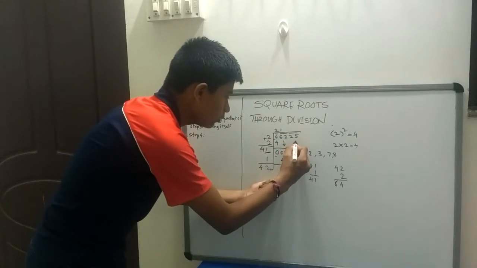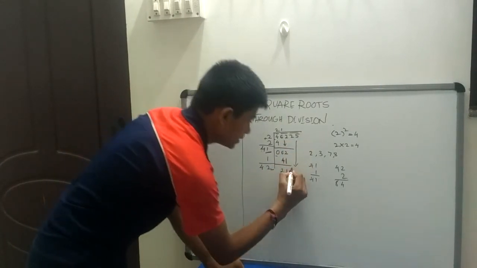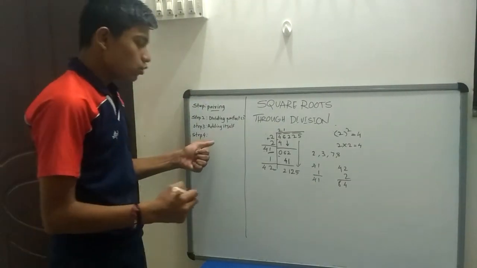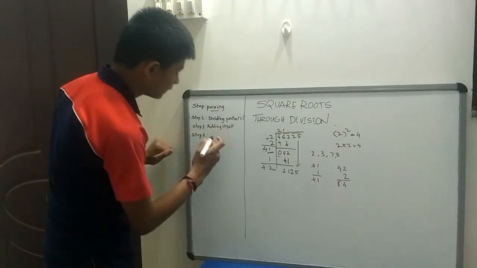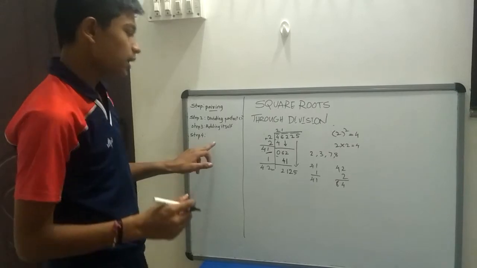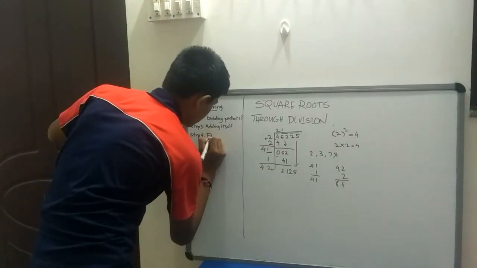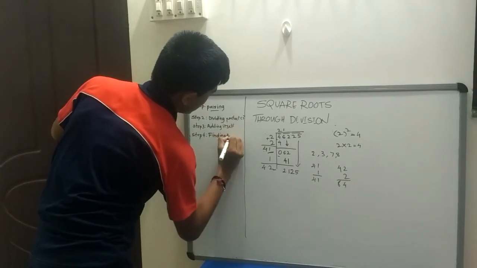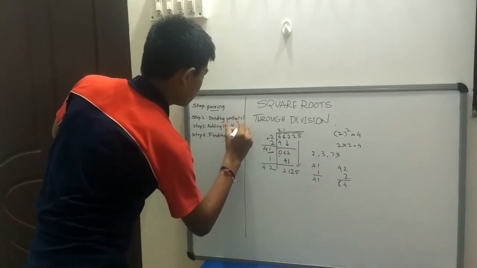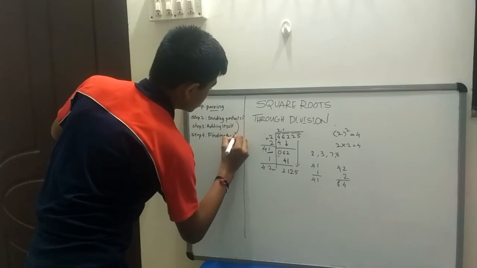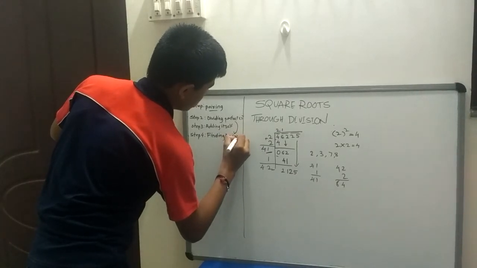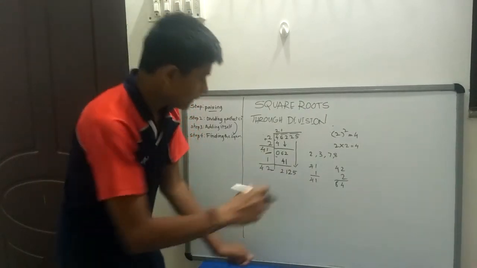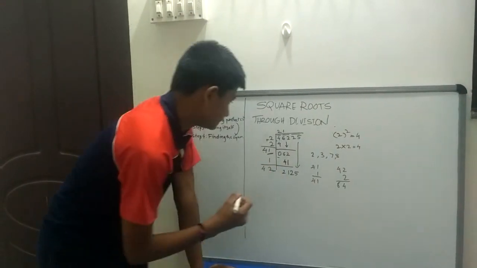We'll bring down the next pair, that is 25. So you've understood the fourth step: finding the nearest square. We will have the space here.